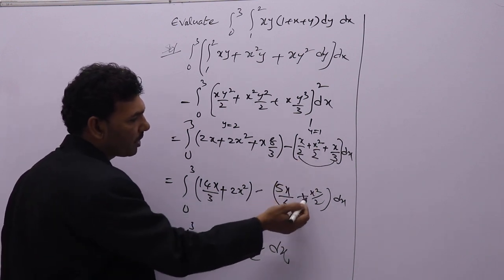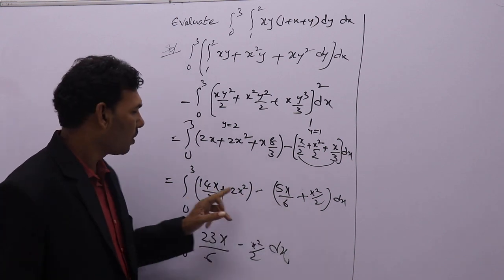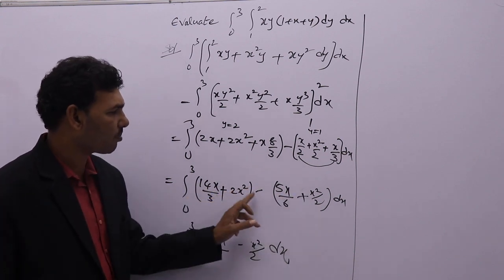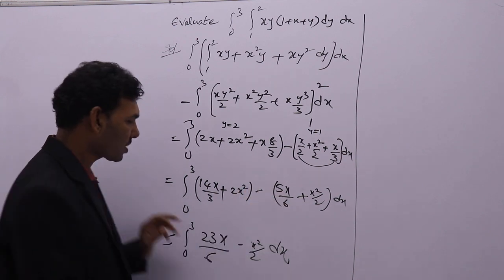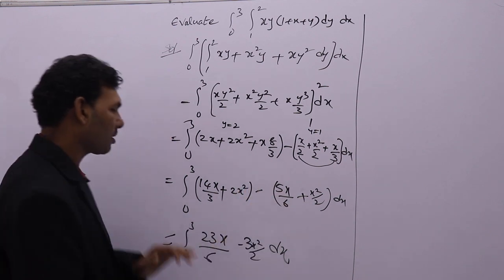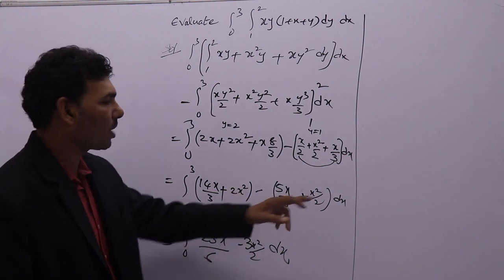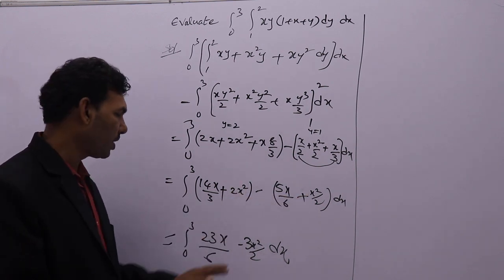Minus into plus is minus, 4x square minus x square, 3x square by 2 dx.